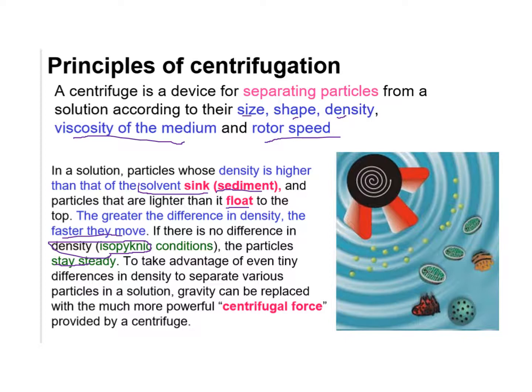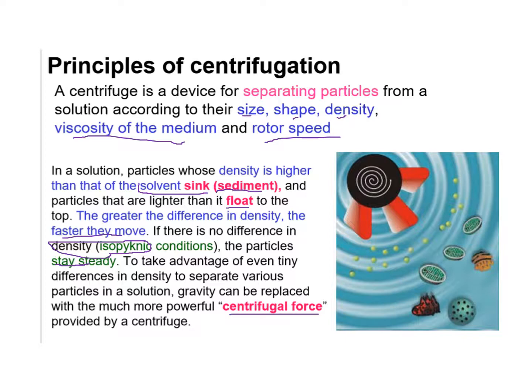So to take advantage of small differences, gravity can be replaced with centrifugation. So yeah, with liquid plumber, we just pour it in, and gravity pulls it down because it's denser. If we apply a centrifugal force, we can separate things that are very close in density, completely separated.